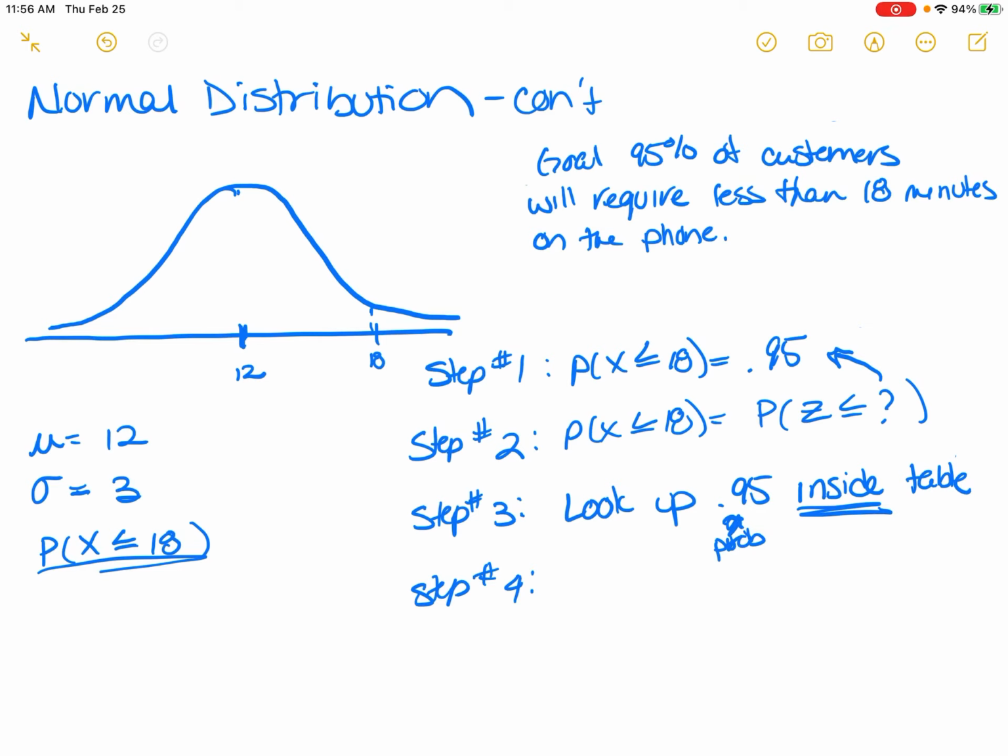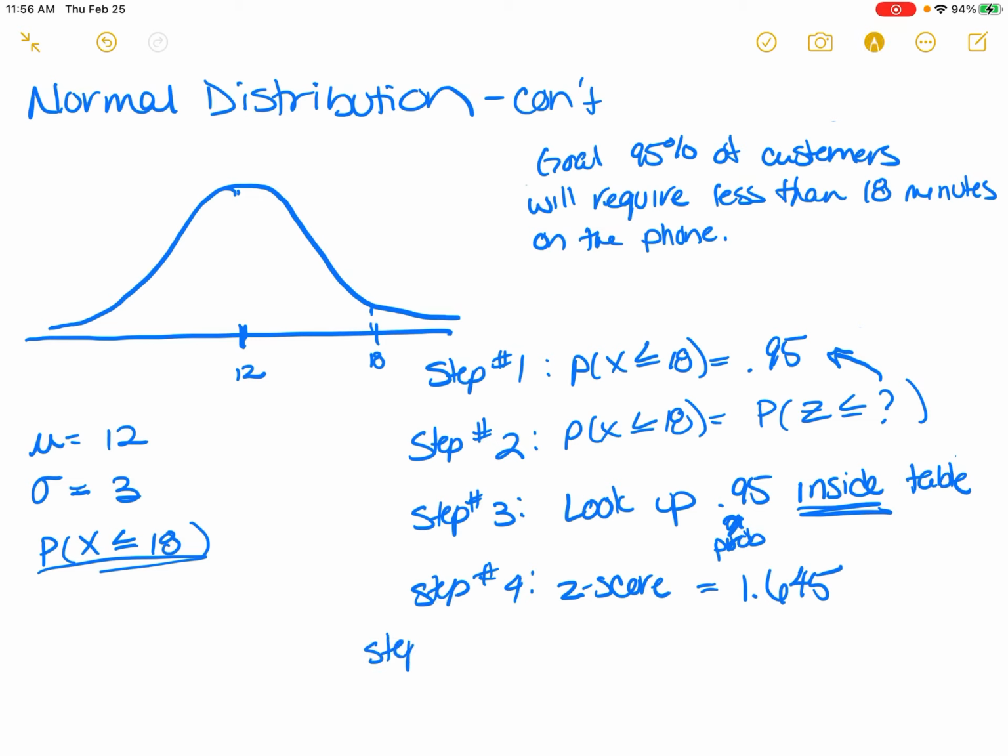And so when I look this up, I'm going to find inside the table that my z-score is equal to 1.645. And that is what I found by looking that up inside of the table, right?